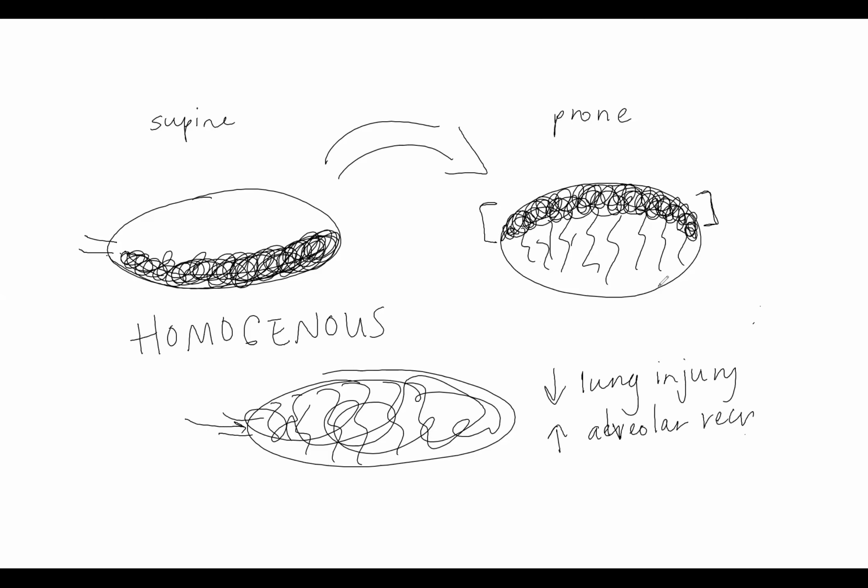And also allows us to recruit the alveoli throughout the entire lung field and not just one section like we have earlier. Now, if I'm a nurse taking care of these patients, a lot of times what I'm going to see in this scenario is I am going to start to see some effects.